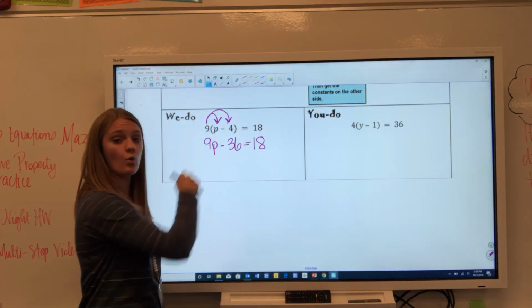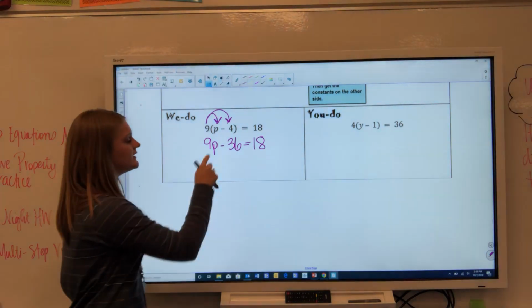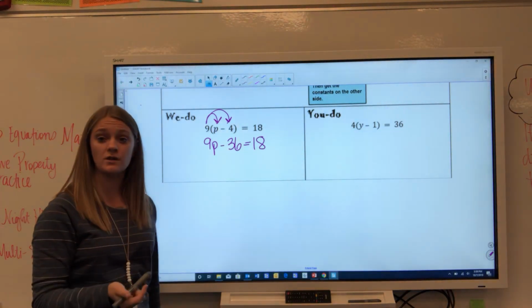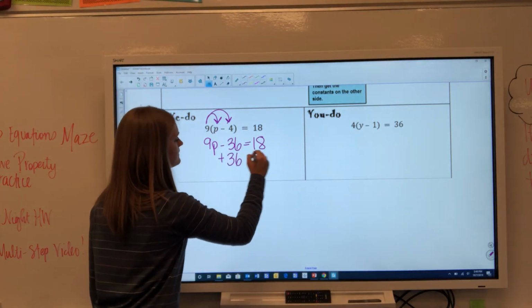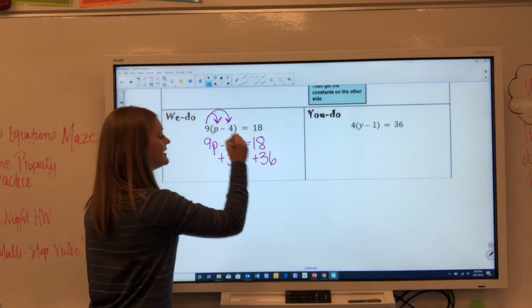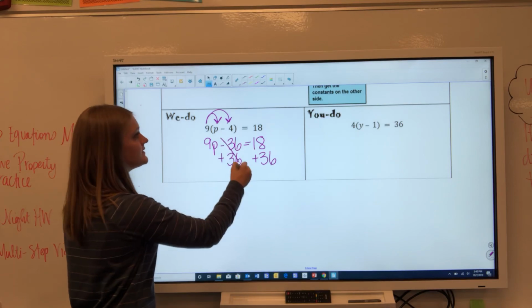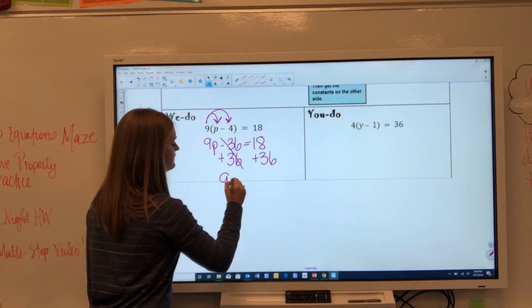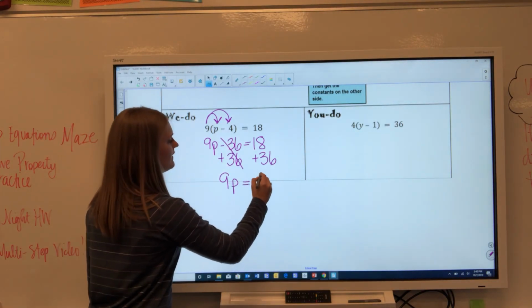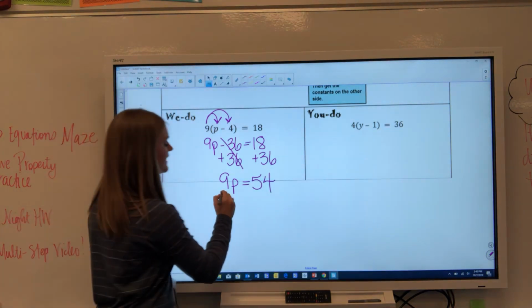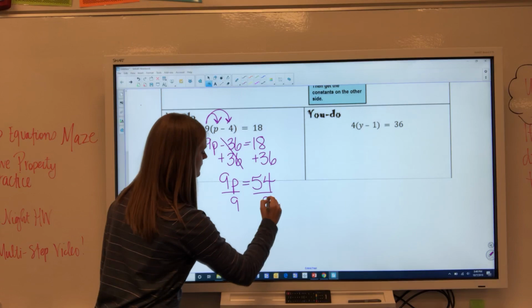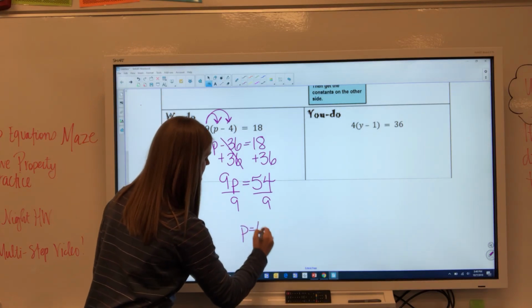I'm working my way towards my variable, which means I need to get rid of that -36 first. I'm going to use inverse operation, so I'm going to add 36 to both sides. -36 plus 36 is 0, so I have 9p is equal to 54. Divide both sides by 9. And p is equal to 6.